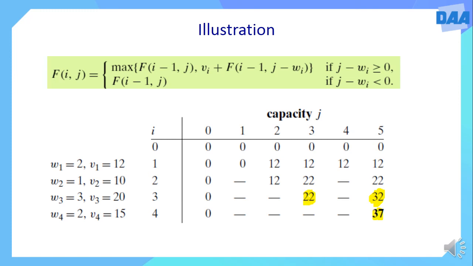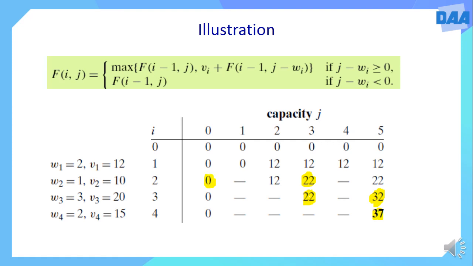Again, this recursion call will try to call f of i minus 1, j. It is this particular location, and f of i minus 1, j minus wi. J minus wi is 3 minus 3, that is 0. So this computation requires this one as well as this one.